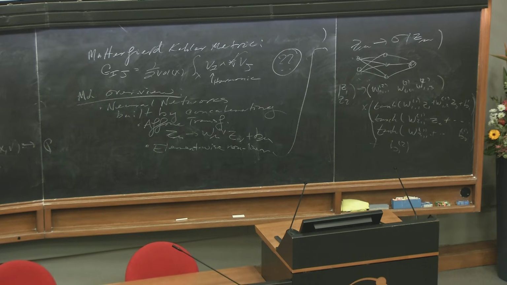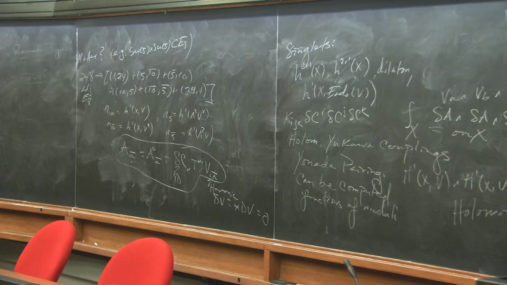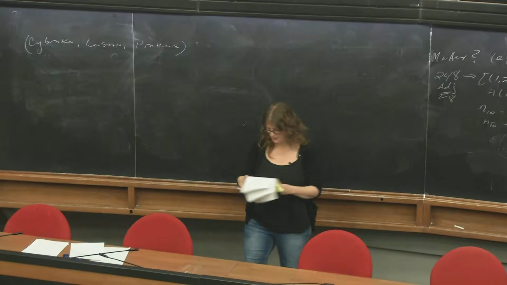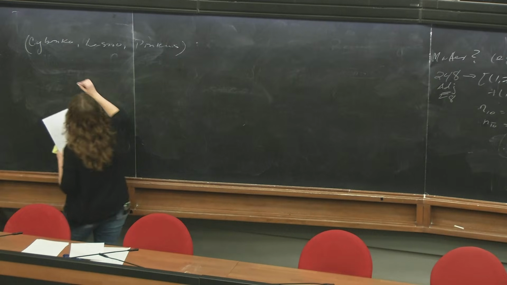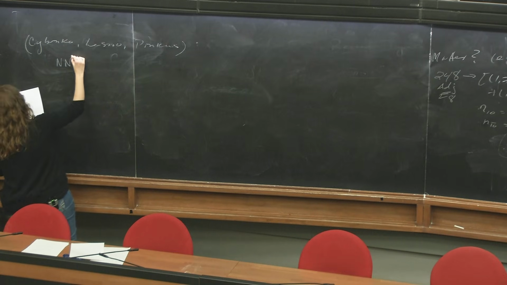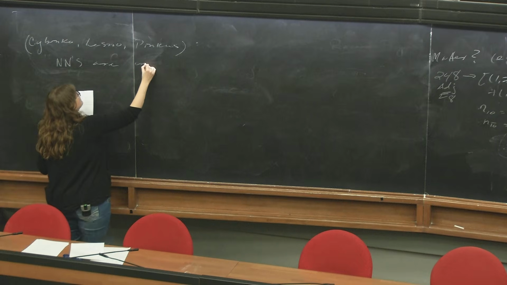And the answer to that, in my view, is very much encoded by an old mathematical result, which is due to Cybenko, Leshno, and Pinkus, who proved that this operation, given sufficiently many layers of affine transformations plus nonlinear activation, in this context, neural networks are universal approximators.